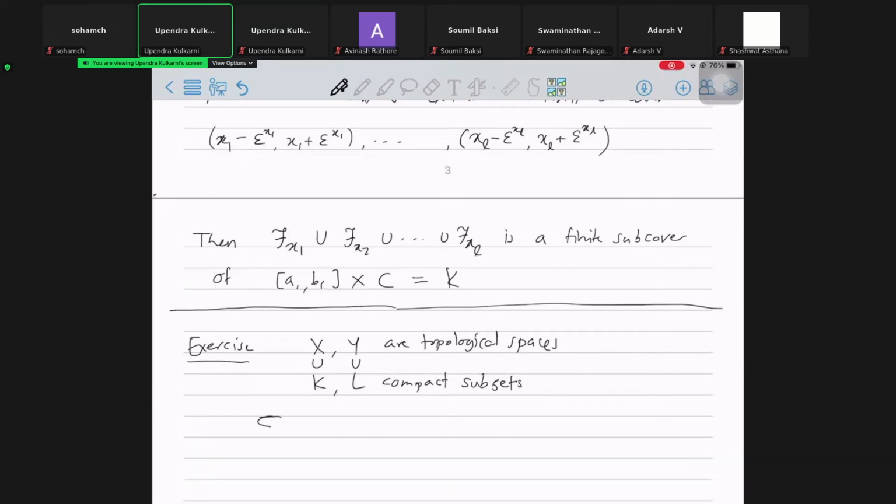What's the claim? So X is like R, Y is like R, and K and L are like closed intervals. So what is a box in R2? It's a closed interval cross a closed interval, right? So what should be the claim analogously? K cross L is compact.